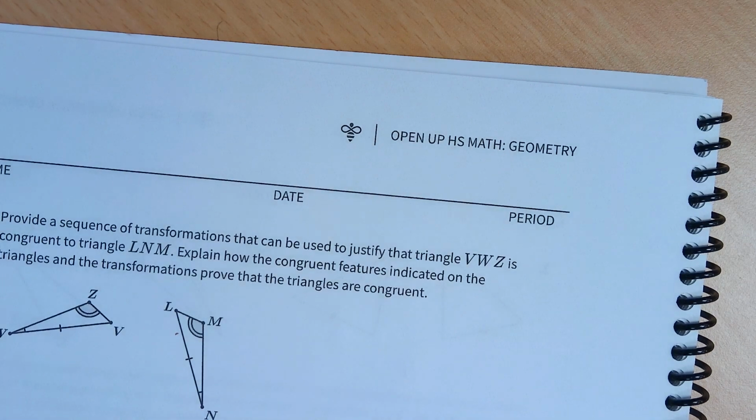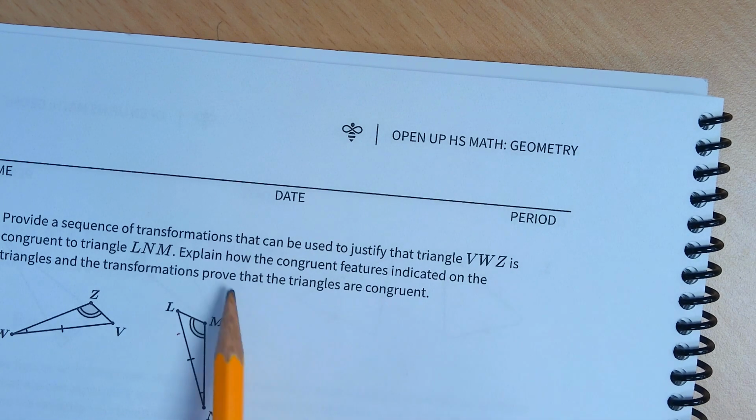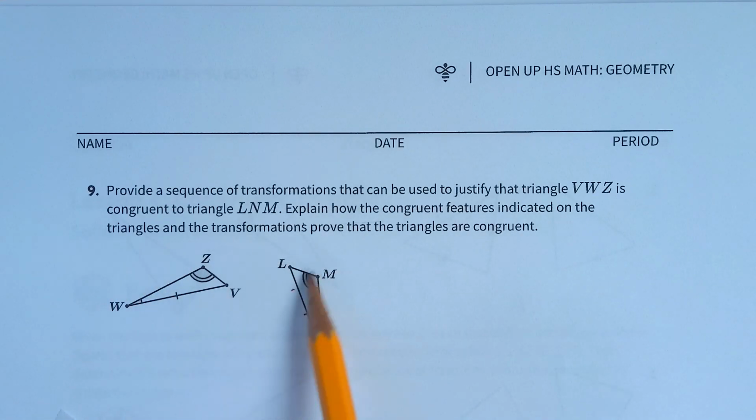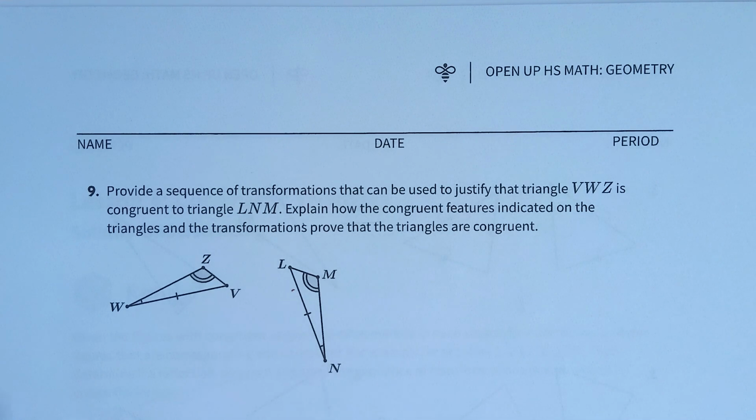Provide a sequence of transformations that we use to justify. Why are they still doing this to us? Explain how the congruent features indicated on the triangles and the transformations prove the triangles are congruent. Okay, in this case, actually, I'm going to take that out.